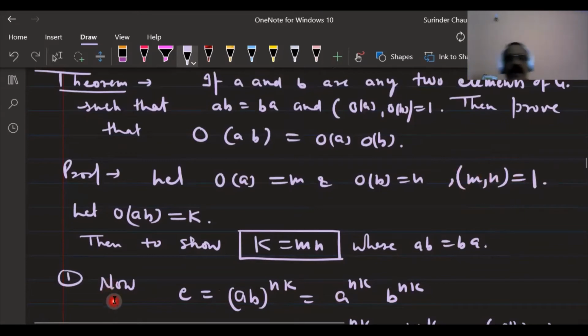First stage: let E be the identity, and take AB raised to the power n.